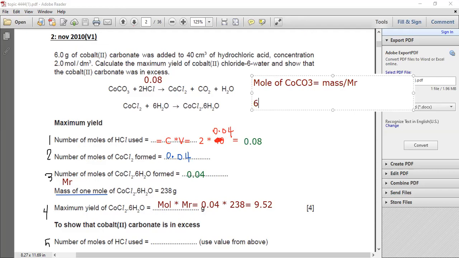So 6 divided by Mr for CoCO3. Cobalt is 59, plus carbon is 12, plus O3, it means 3 multiplied by 16.